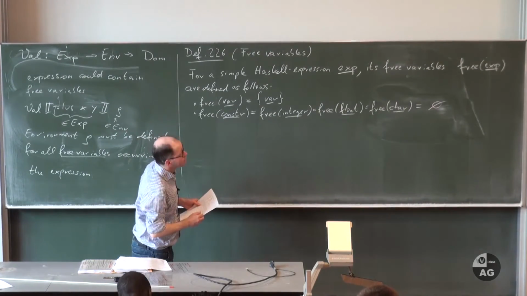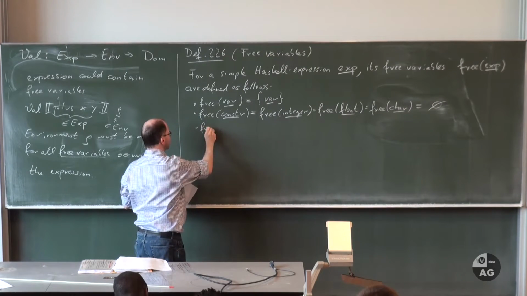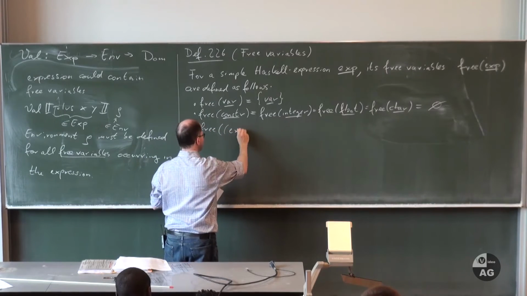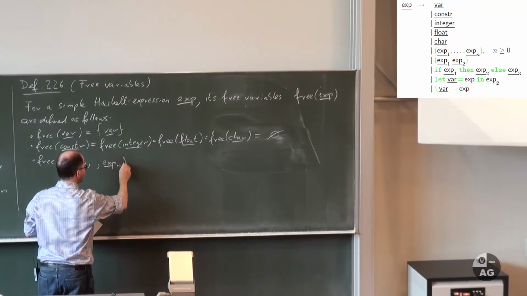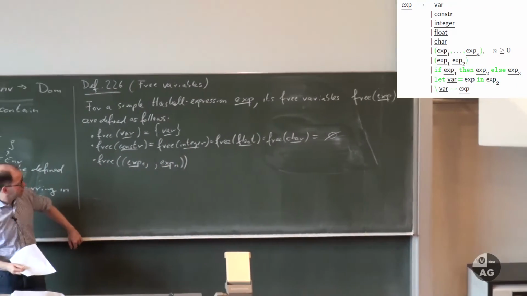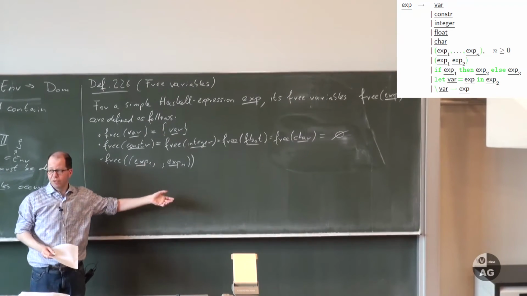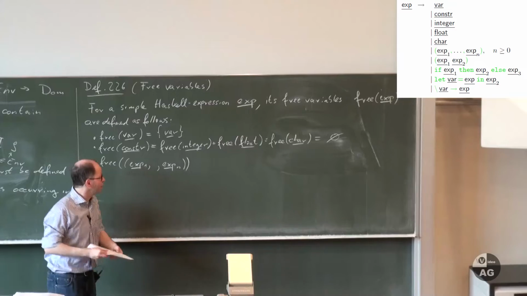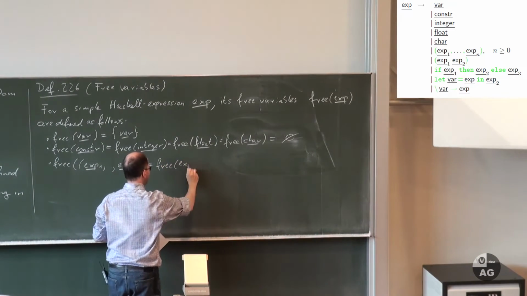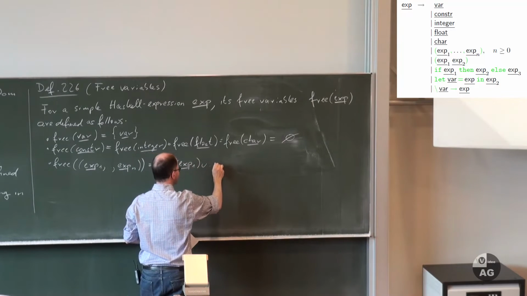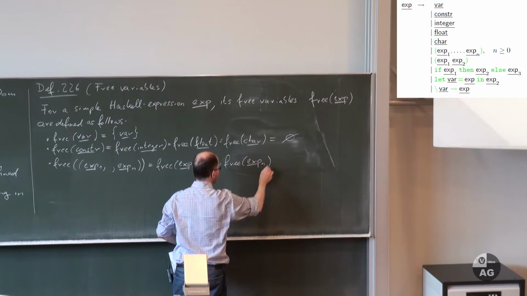What's the next thing? If we have a tuple, how do we get the free variables in here? So a tuple of the form x1 to xn. Well, if we want to compute the free variables here, we just take the free variables from x1 and the free variables from x2 and the free variables, well, from all these components and unite them. So this is the union of the free variables of x1 and the free variables of x2 and finally the free variables of xn.